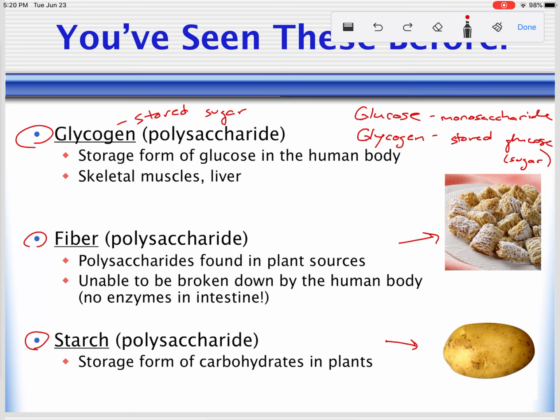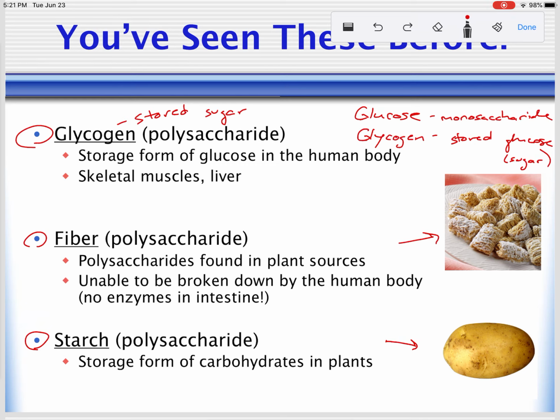That would taste good, right? Maybe the night before a big game. It's going to have a lot of carbohydrates in it. Well, after you eat that big pasta dinner, you don't need to keep all the sugar from that pasta in your bloodstream at once. It would just be too much.